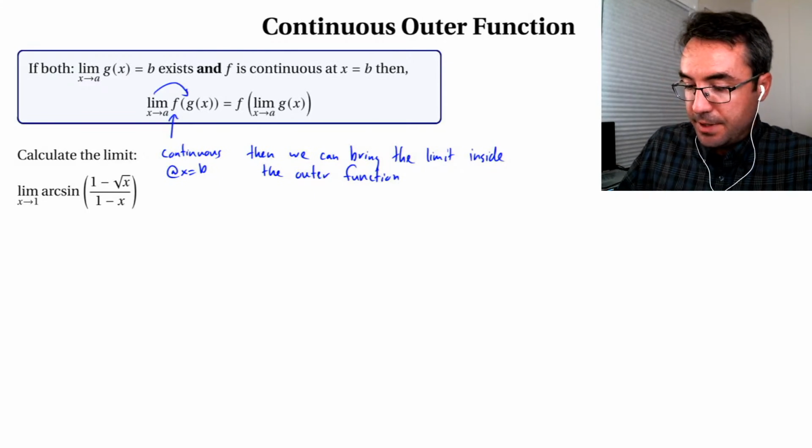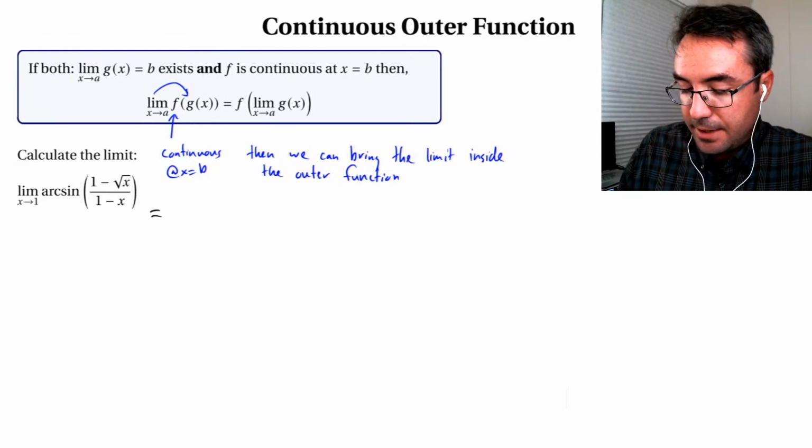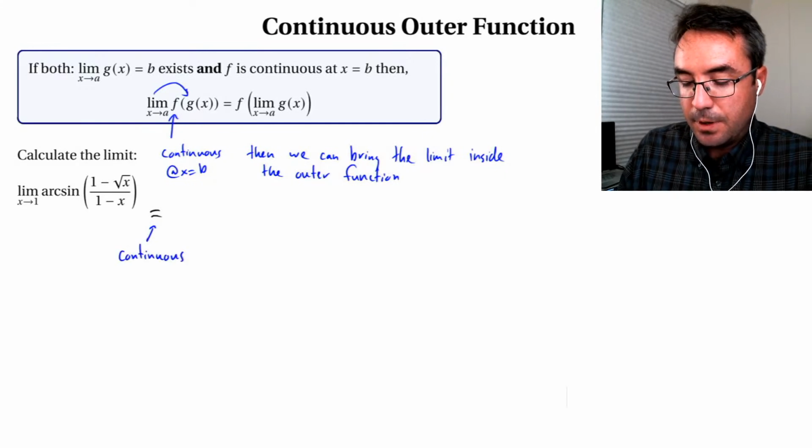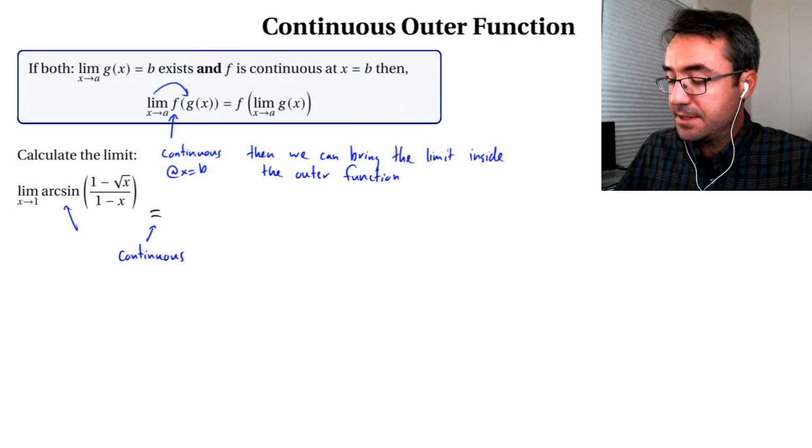And so when we do this, we know arc sine is continuous. So our outer function here is continuous, so we can move that limit inside.